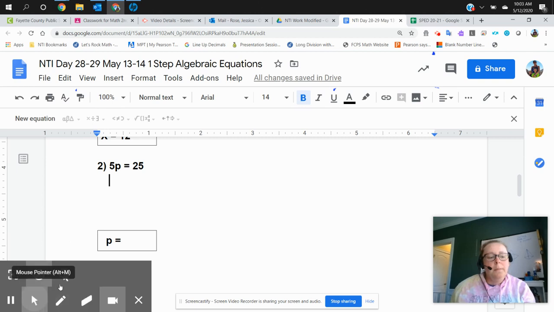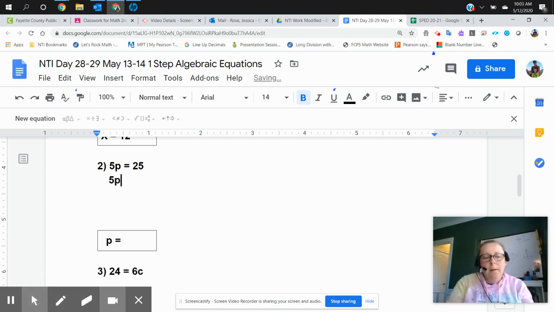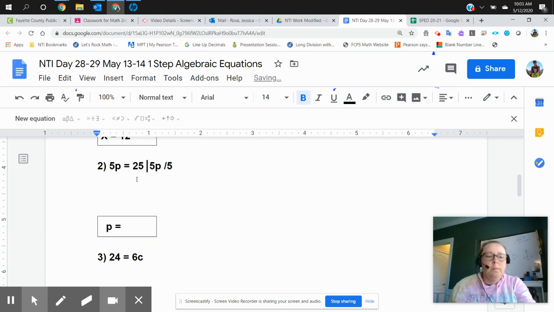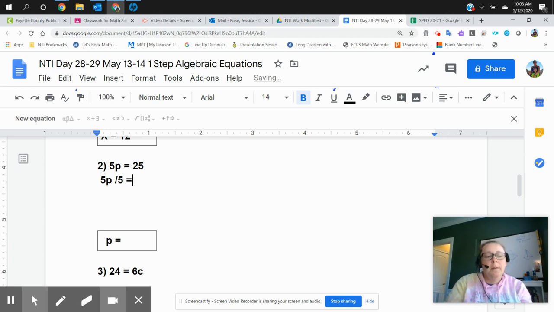What you can do is just put 5p, and then you can do this slash. That's usually up around your number keyboard if you have one, or it's at the top. It's also by the shift key, so there's another slash. So you can just put 5p slash 5. And then we can type our equal sign, which is on the keyboard.